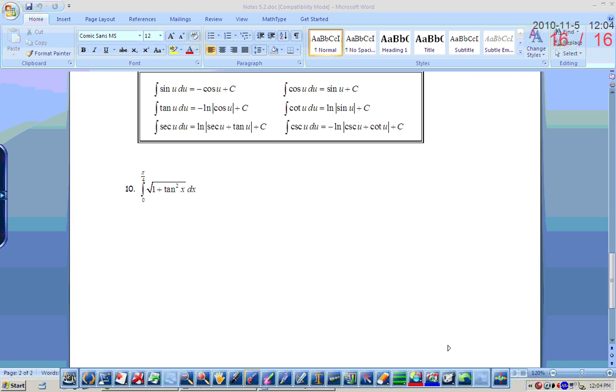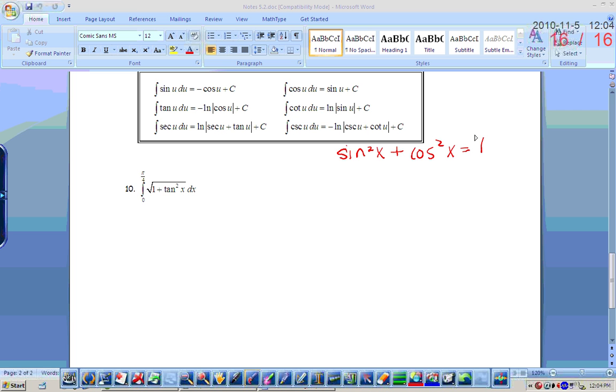The integral of the square root of 1 plus tan squared. Okay, isn't that something else? Our big daddy is sine squared plus cosine squared equals 1. There are two other Pythagorean identities. There's only one Pythagorean theorem.